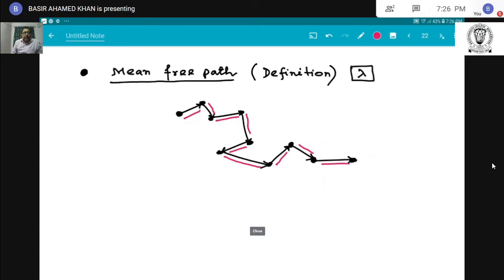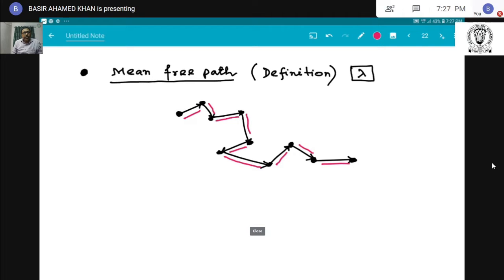I say again, what is mean free path? First of all, what is free path? Two gas molecules collide with each other, and between two collisions the gas molecule moves in a straight line path, and this path is called free path.